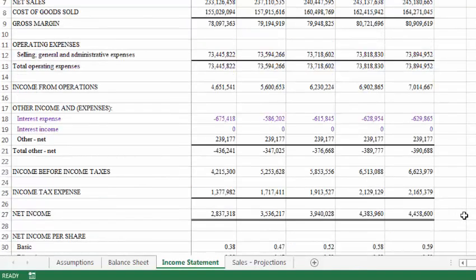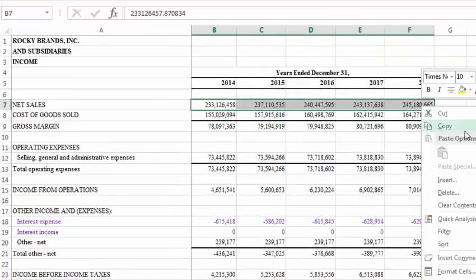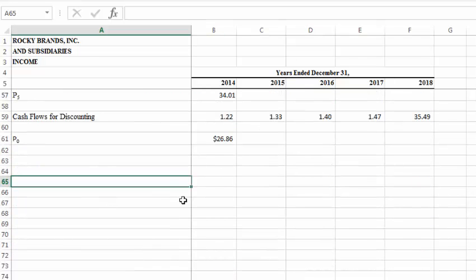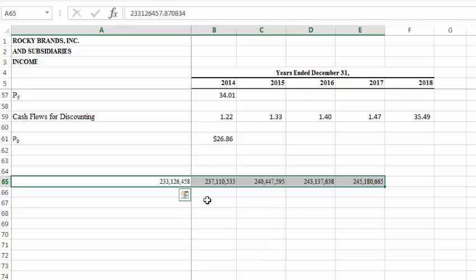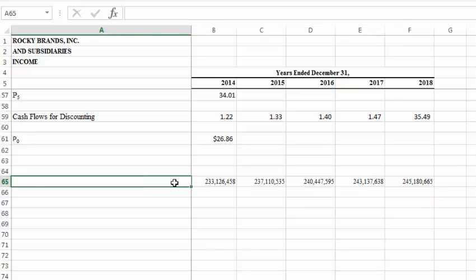And the only other thing that I think I would do with this particular company is perhaps get these sales numbers. I'm just going to copy them, bring them down to an extra line down here somewhere, dump them in. Whoops, I put them in a weird place, so let me dump them in down here and say I'm going to call this archived sales.